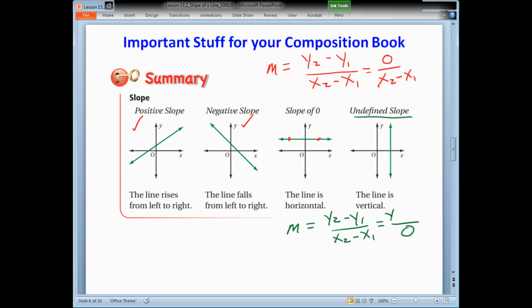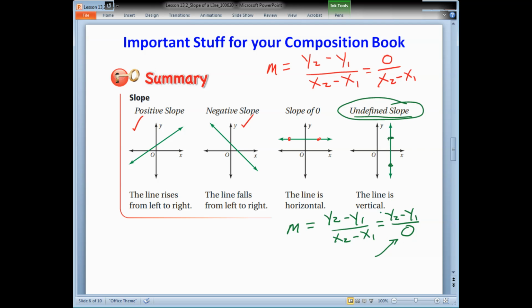And we learned earlier in the year that whenever I'm dividing by 0, that value is undefined. Okay, and that applies to our vertical lines. And if I think about it, when I look at points on a vertical line, so here's a vertical line, here's 2 points, the value of x is the same. So I would have 0 in the denominator.